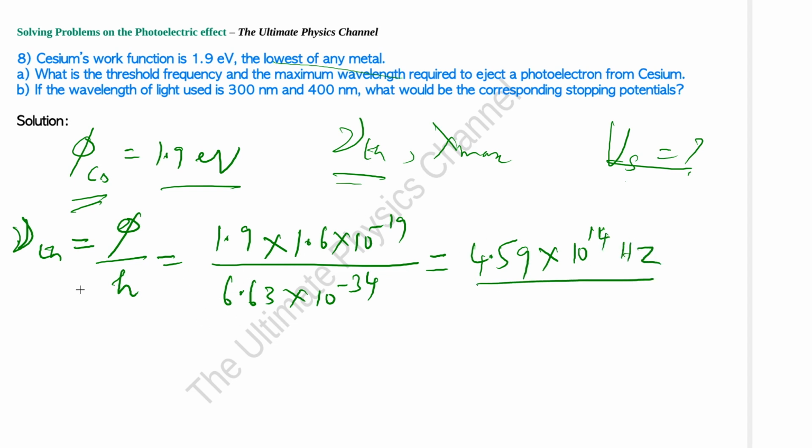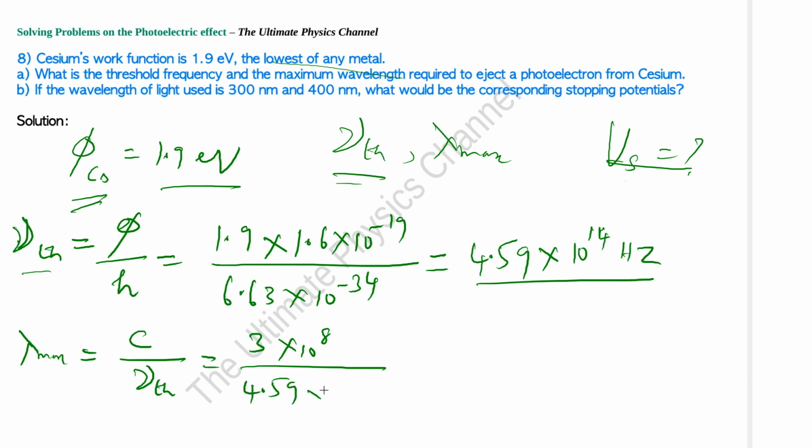Right? Of course, lambda max you can calculate. Lambda max is equal to c over nu th, because c is equal to nu lambda, we can use that and get it. So 3 into 10 power 8 over 4.59 into 10 power 14.